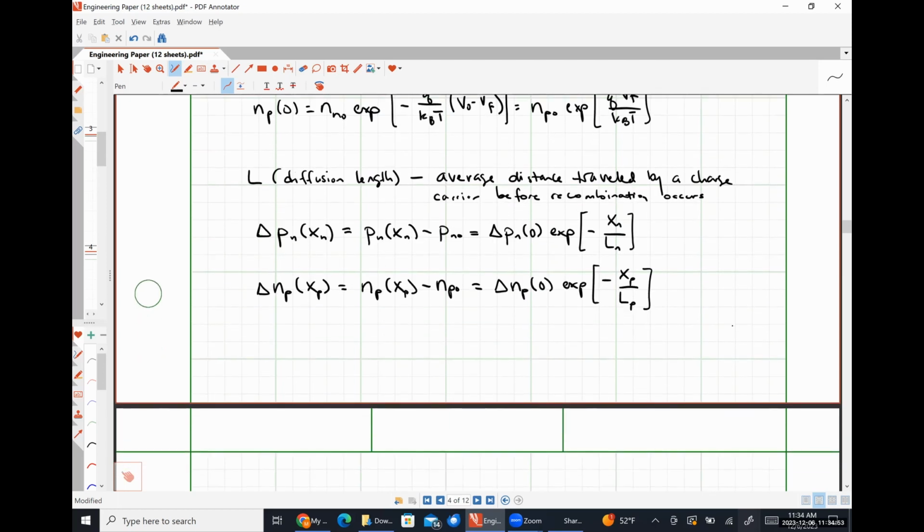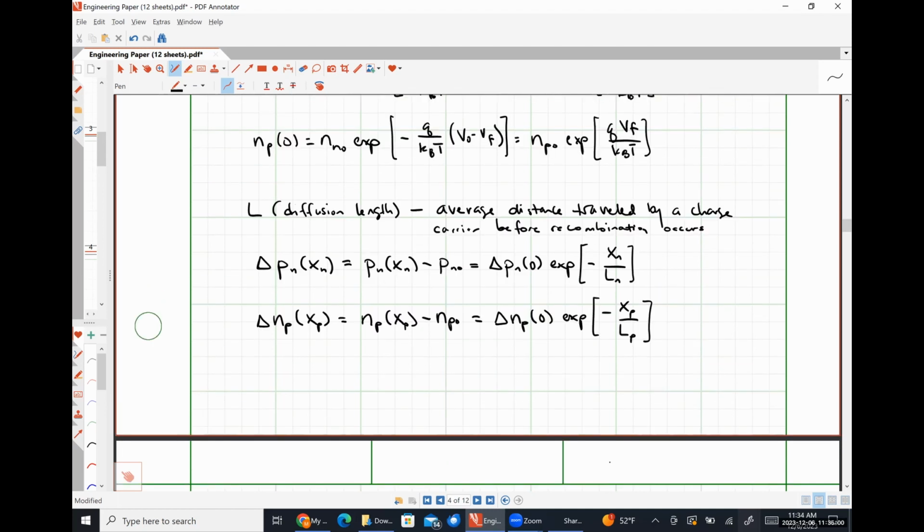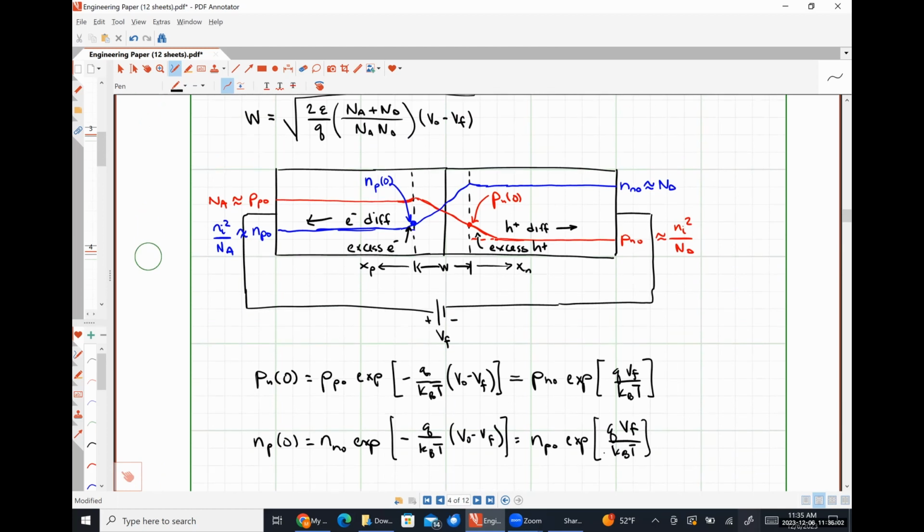Using these relationships, I know this is a whole bunch of stuff. x_n and x_p are the directions into the inside of the crystal from the edge of the space charge layer, and into the p side of the crystal from the edge of the space charge layer. Questions are great. There's a lot of math going on here with new coordinate systems and all of that kind of good stuff, so please feel free to ask.